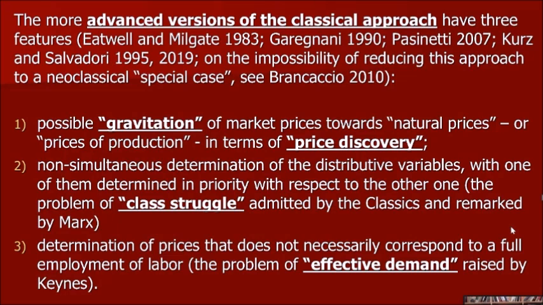And third, a determination of prices that does not necessarily correspond to a full employment of labor, which evokes the problem of effective demand raised by Keynes and others. For these characteristics, according to many, the modern versions of the classical approach propose not only a consistent theory, but also a more realistic representation of a capitalist economy with respect to the neoclassical one.